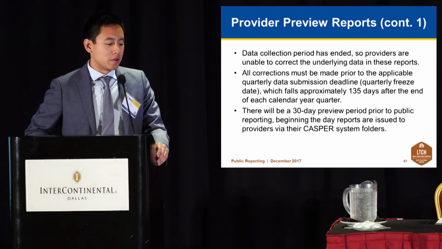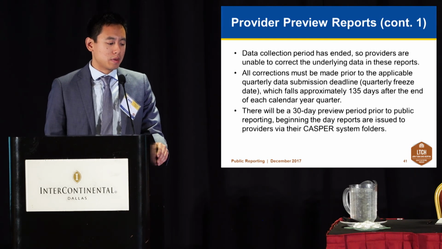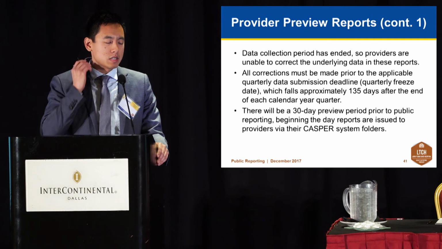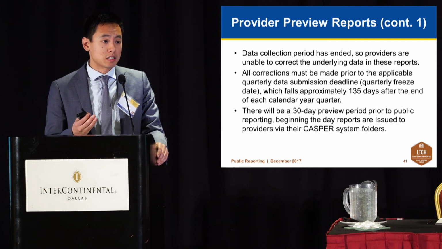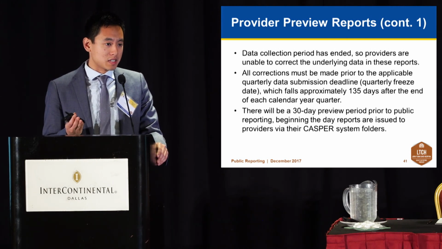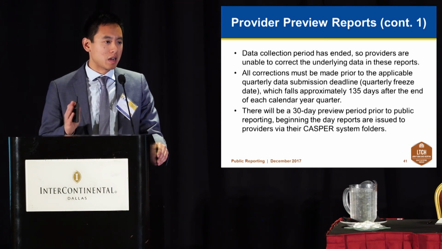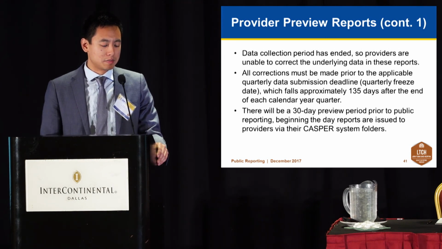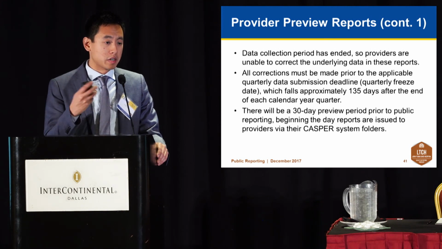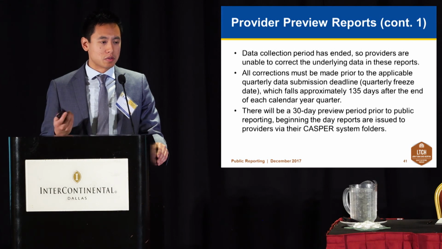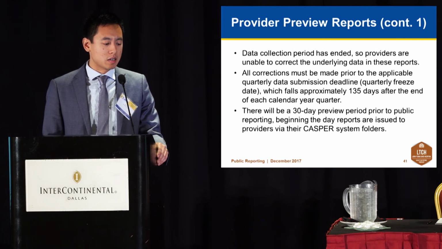And then there will be a 30-day preview period prior to public reporting, beginning the day reports are issued to providers via the CASPER system folders. So you have 30 days from, let's say, June 1st to look at your provider preview reports. And once that 30-day preview period is over, it will not be available in your inbox. So we encourage you, once you receive the preview reports, to look over your data.